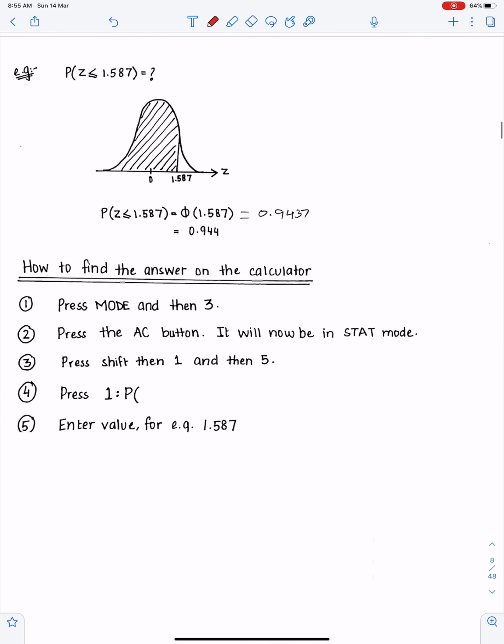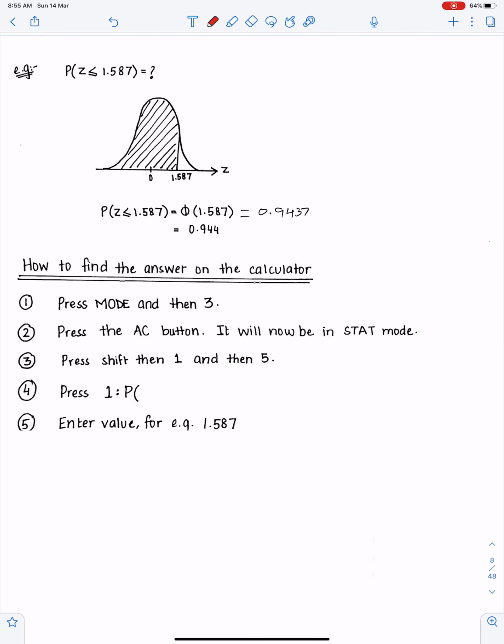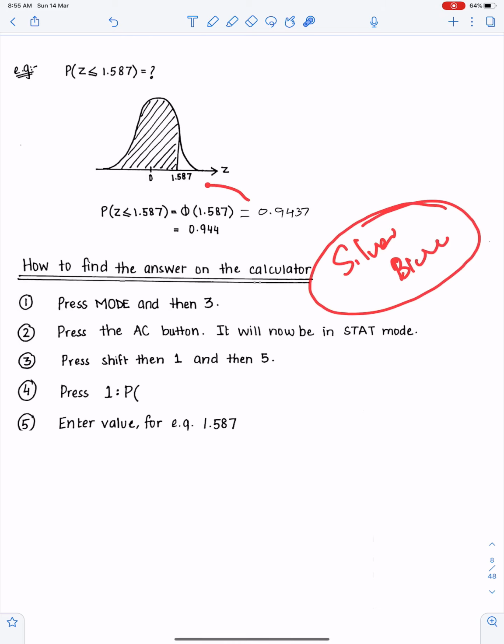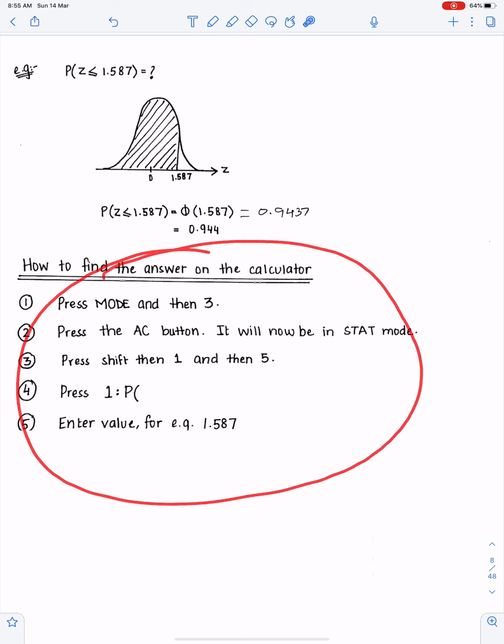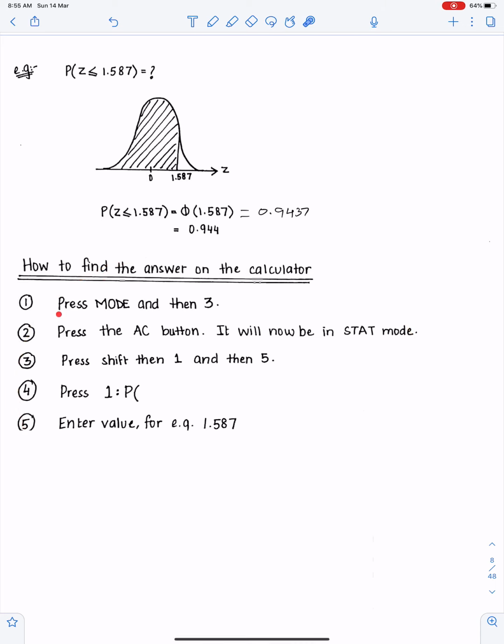You can do this from your silver calculator or blue calculator. If you have a silver model or blue calculator, you can do phi from that calculator as well. These are the steps. Number one, you need to press mode and then press 3. Then press the AC button.